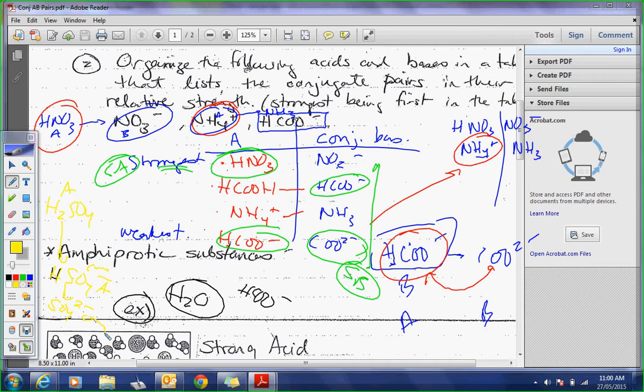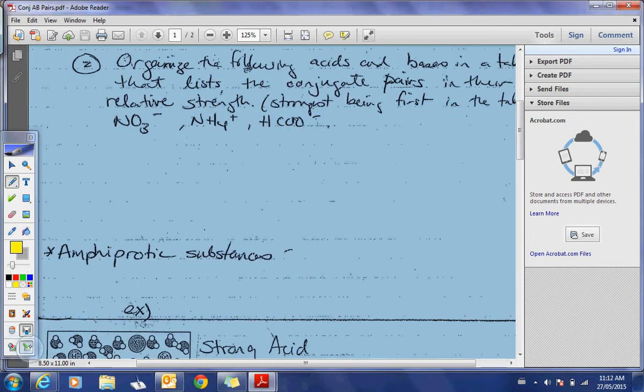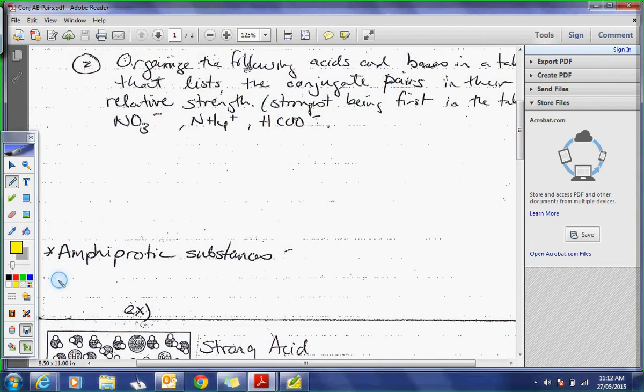So I'm going to write it out again. Amphiprotic substances. H2SO4 would be an acid, always, can't be a base. It would become HSO4 minus. That would be its conjugate base.